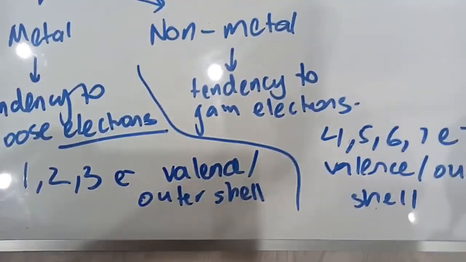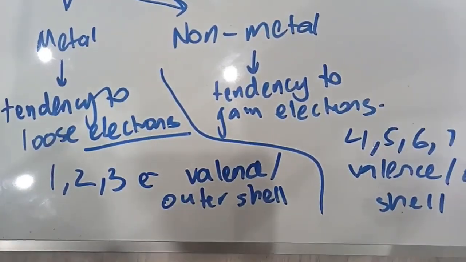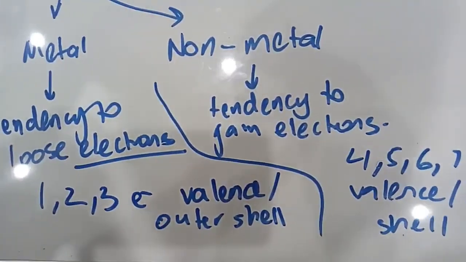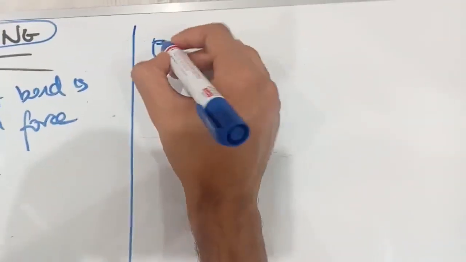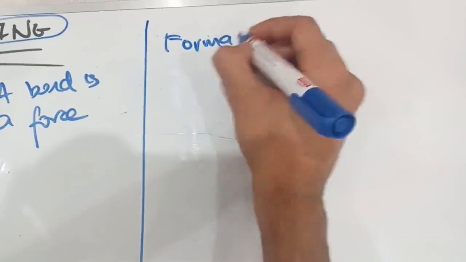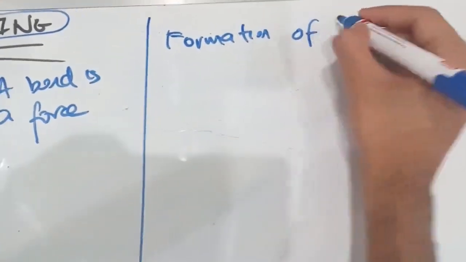And so, let's look at the formation of one of the most common ionic bonds, salt. Formation of NaCl. We'll use what we've learnt and apply it here and say how sodium chloride is formed.